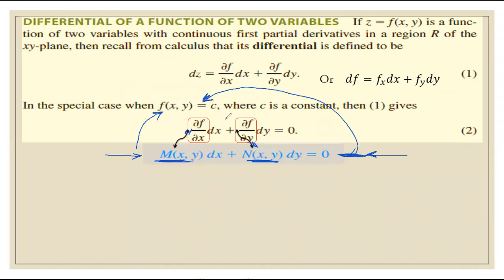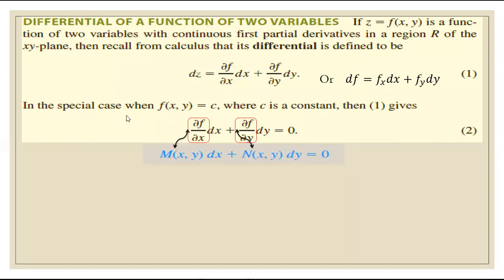Actually, not all differential equations in this form can be written as f equals c. Some of them can and some of them can't. Those equations that can come from this, we call them exact equations.